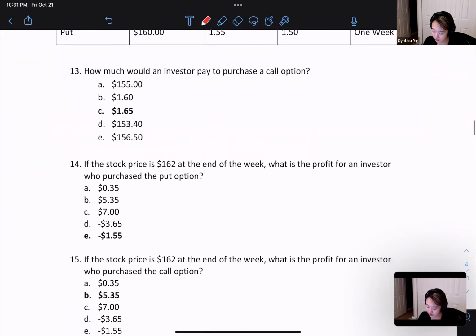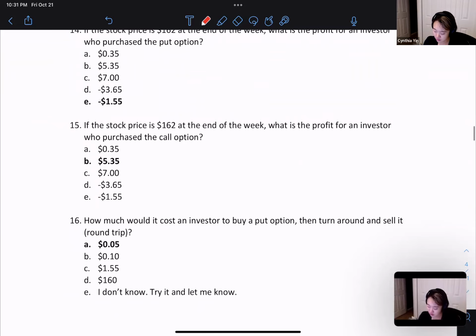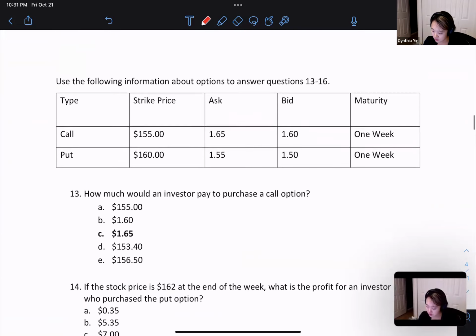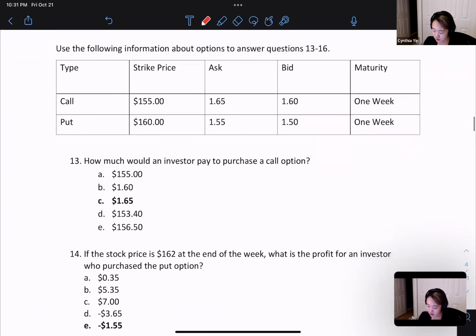For 13 to 16, I will skip it because on Wednesday, I deleted the section for derivatives. But I want to emphasize here, the derivative section I deleted for the midterm. It's not because it's not important.